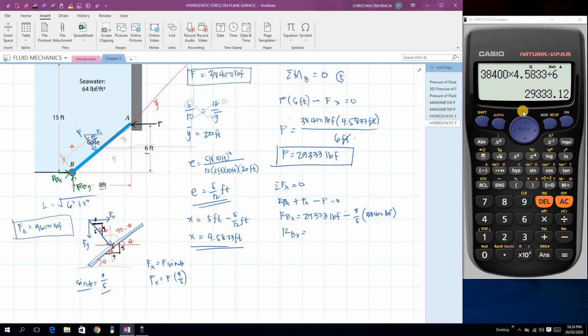Then we can now solve for the value of RBX. So isarado ko na lang sa 29,333. Then minus ng 3 over 5, okay, of 38,400.